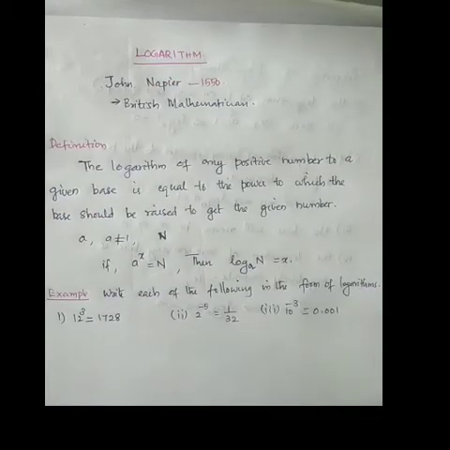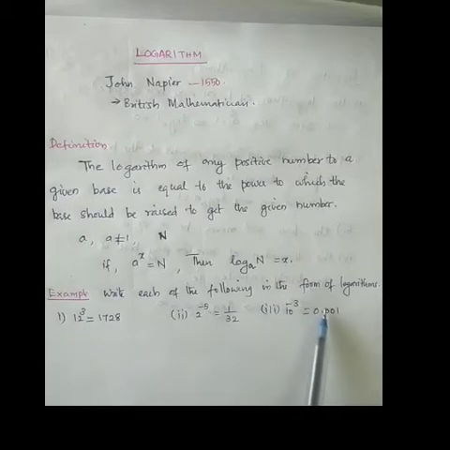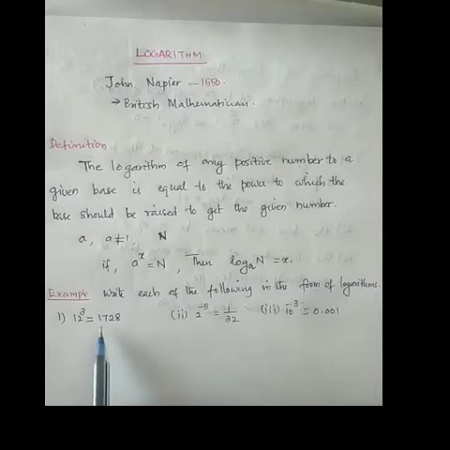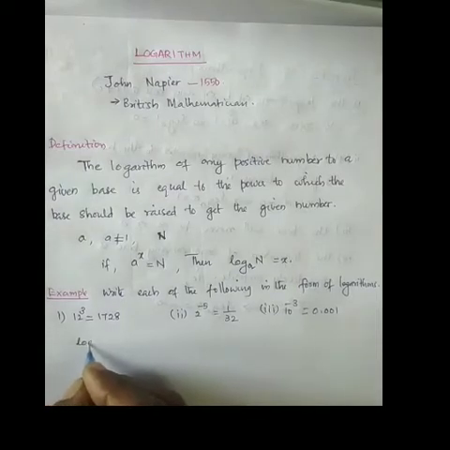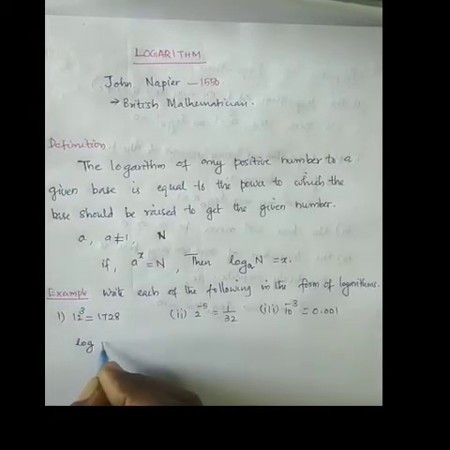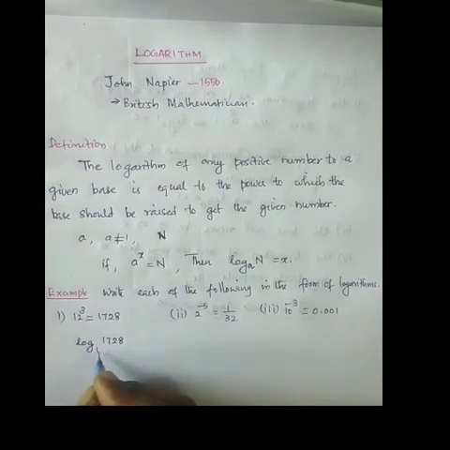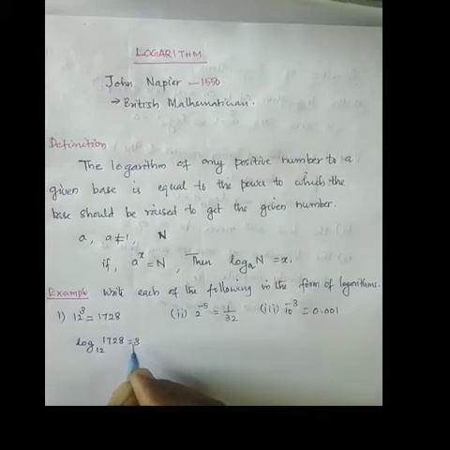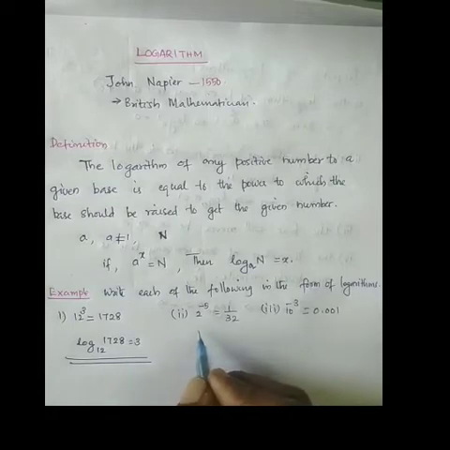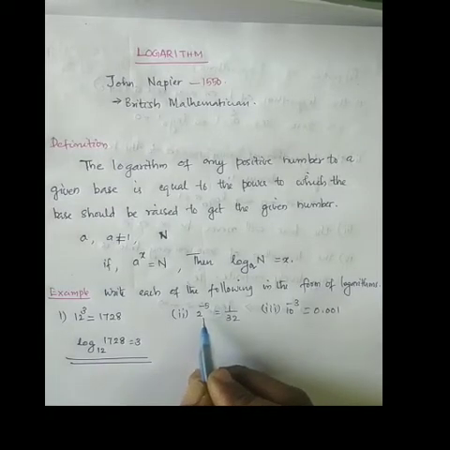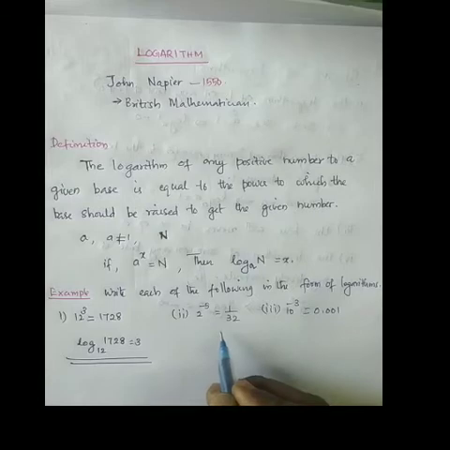See some examples. Write each of the following in the form of logarithms. First one, 12 cubed equals 1728. By the definition, we can write this as log 1728 to the base 12 equals 3. The second one, 2 raised to minus 5 equals 1 by 32.